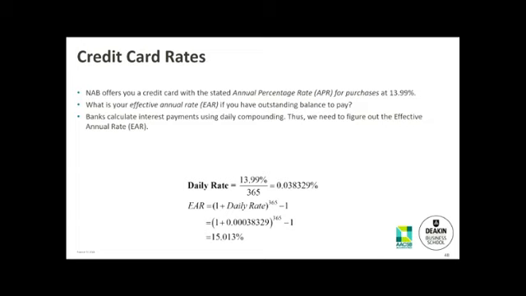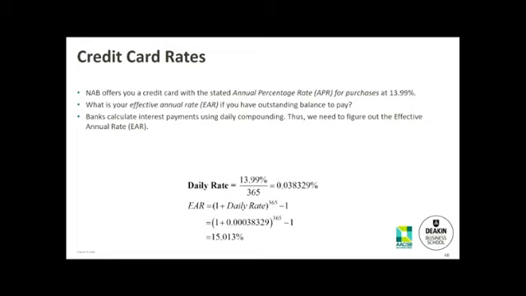Some organizations argue that credit cards use daily compounding, but if you do the calculation, daily compounding and continuous compounding give you roughly the same answer. So you can argue credit card interest is compounded every day. You can work out the daily rate, and then the actual credit card rate. The credit card interest rate is huge.